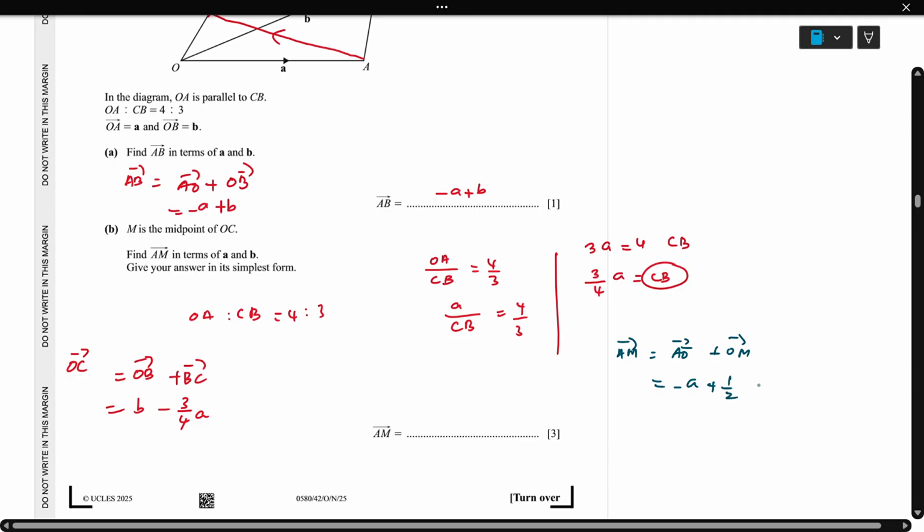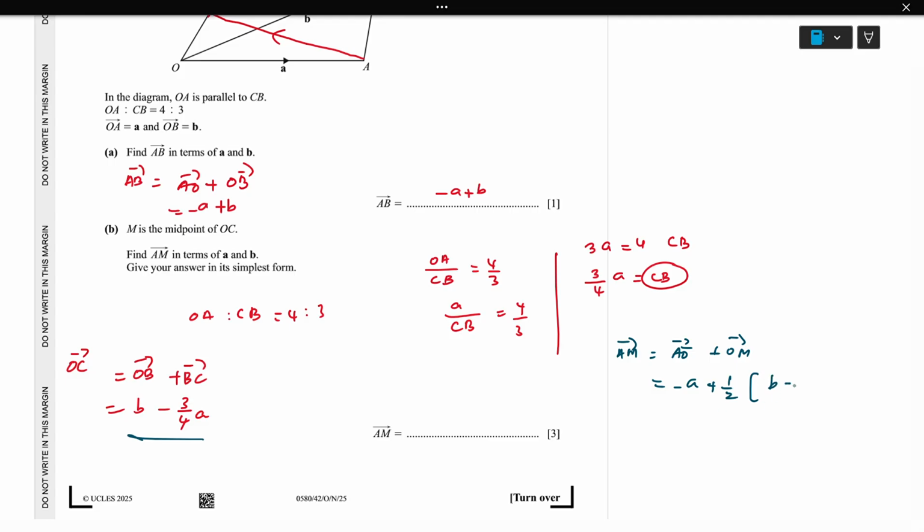So half of OC already we got here, B minus 3/4 of A. So expand and simplify: minus A plus B by 2, then minus 3 by 8A. So rearrange the terms: minus A minus 3/8A plus B over 2. So here take LCM, same denominator, so 8 minus 3, 11, so minus 11/8A plus 1 by 2B. That's the final answer.